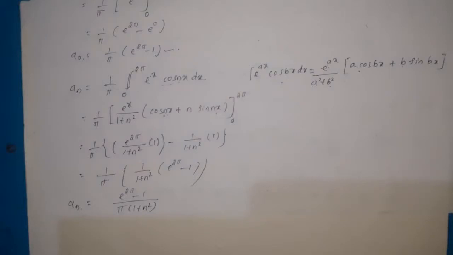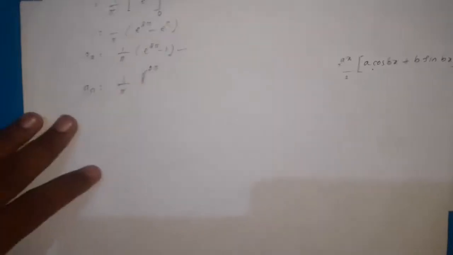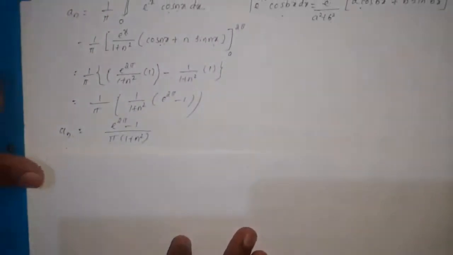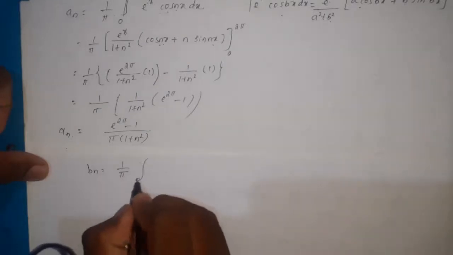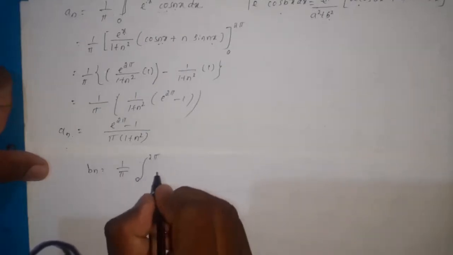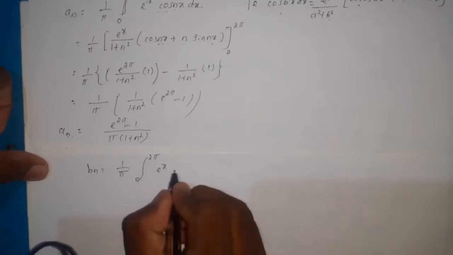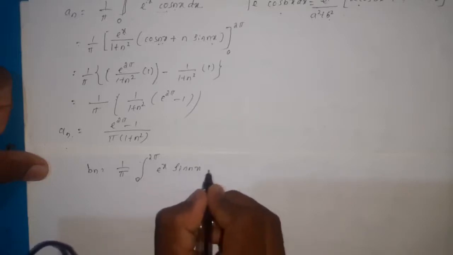And b n. The formula for b n is equal to 1 by pi integration from 0 to 2 pi f of x into sin nx dx. This also cannot be integrated by Bernoulli's rule of integration.